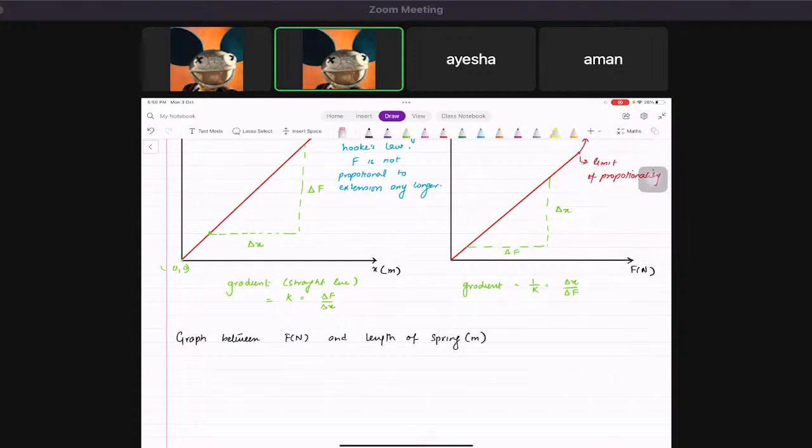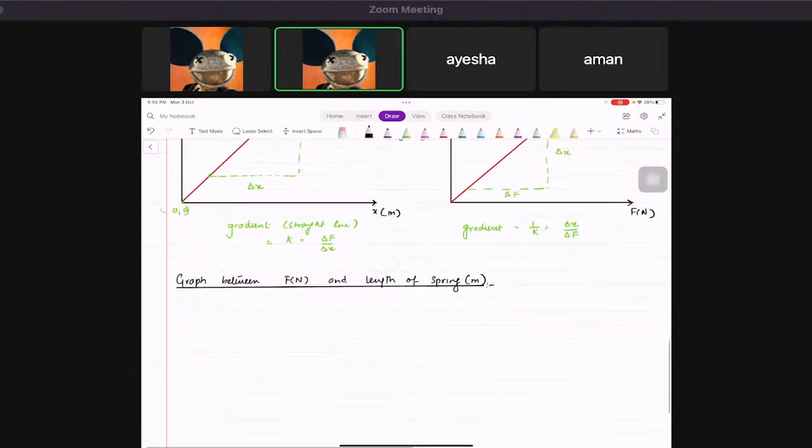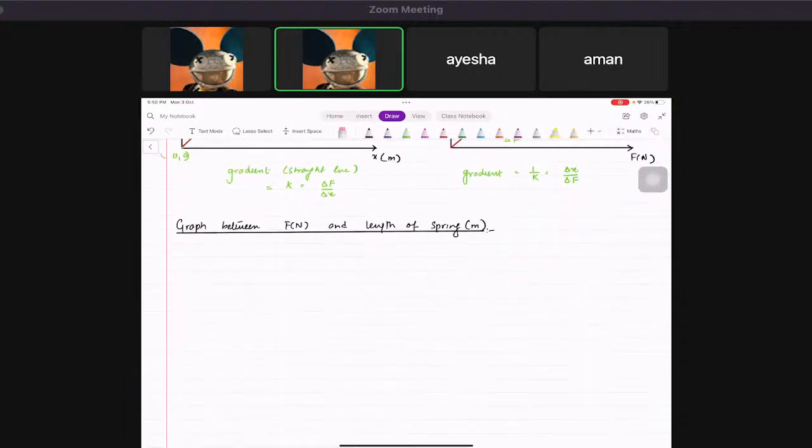Doesn't really matter. This kind of graph will always be like this: here they will give you length, and here they will give you force.